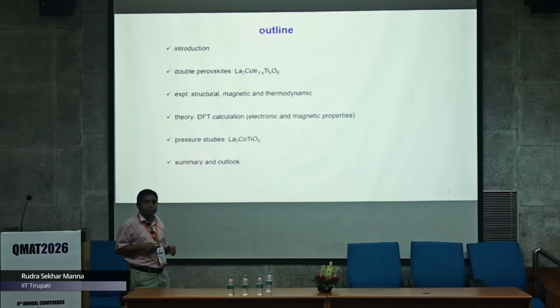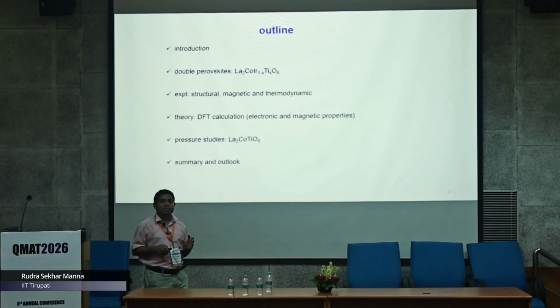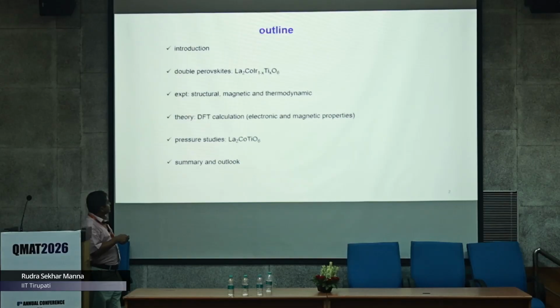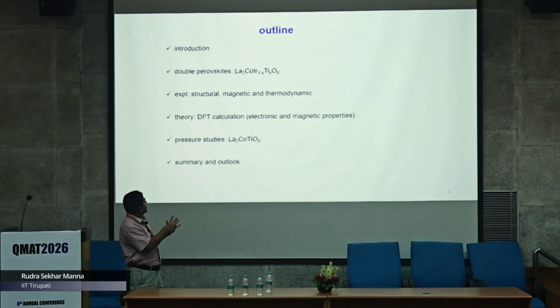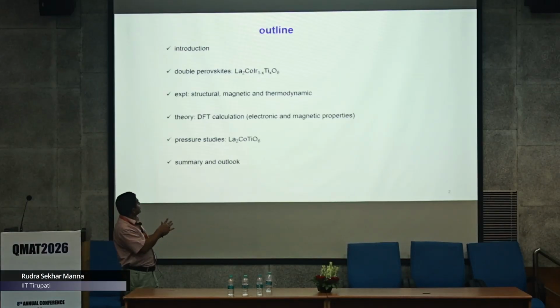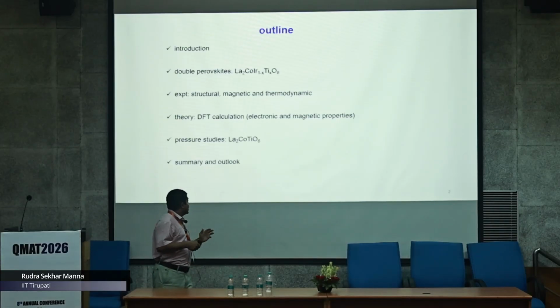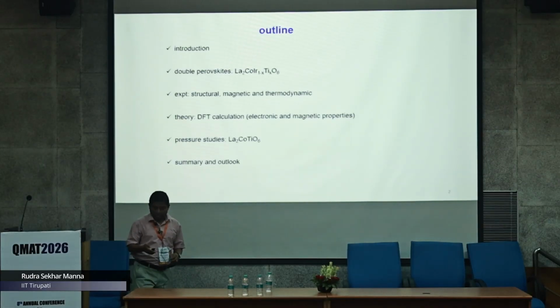So if you apply hydrostatic pressure to the system, how do these two quantities evolve as a function of pressure? And especially for one system, if you make x equal to 1, so when you have no iridium, the only magnetic element is cobalt 2 plus sitting here, so how much of a pressure effect can you see here.